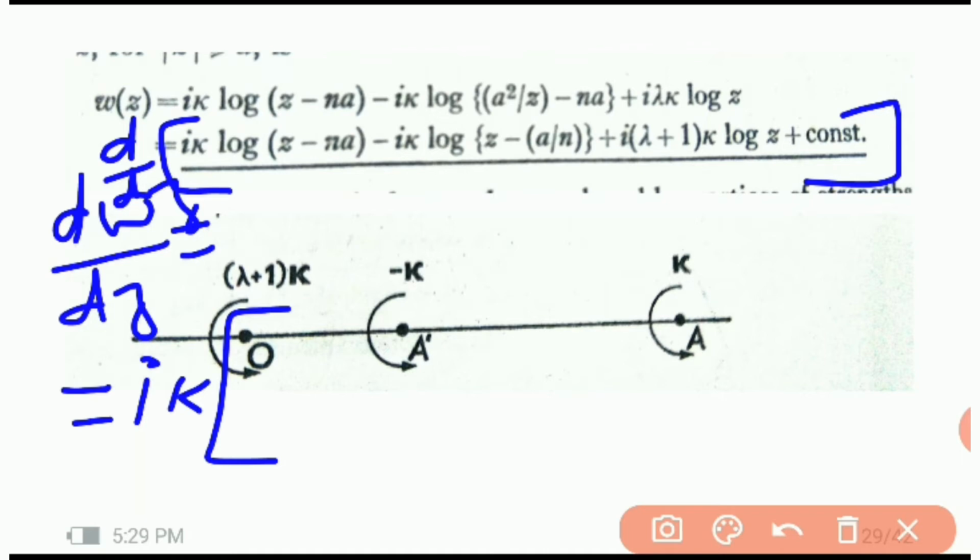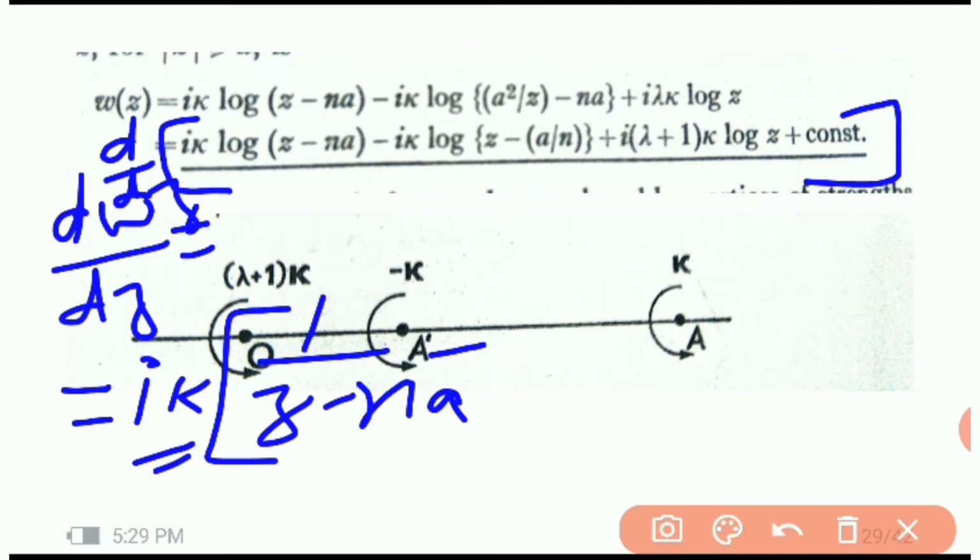So the derivative of log(z − na) is 1 upon z − na, so 1 upon z − na, minus ik is common.